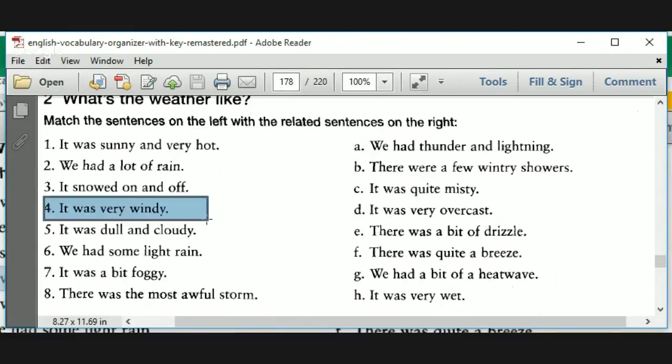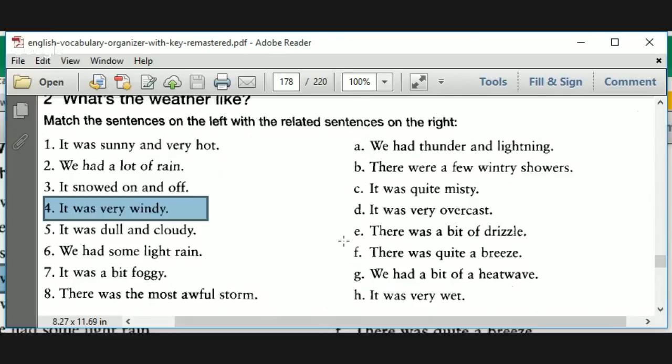Okay, Andre, number 4. It was very windy. Okay, I understand. Windy, thunder, light night.